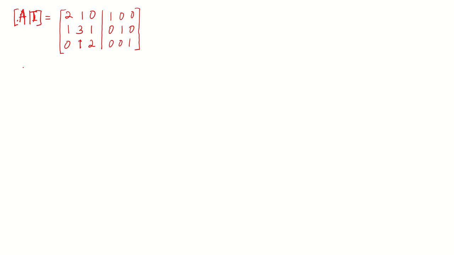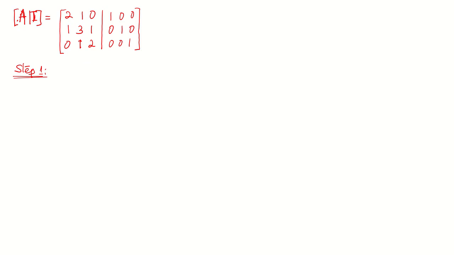The next thing to do, let me call this step 1. We want to reduce this matrix to canonical form, and we're looking at the left matrix, the actual matrix A that was given.